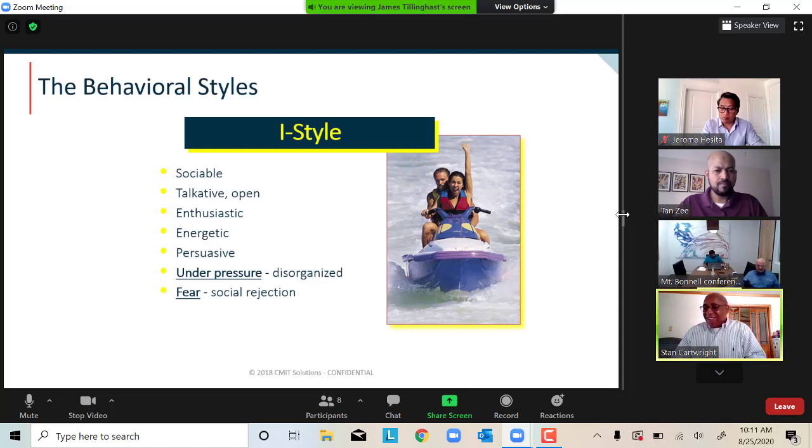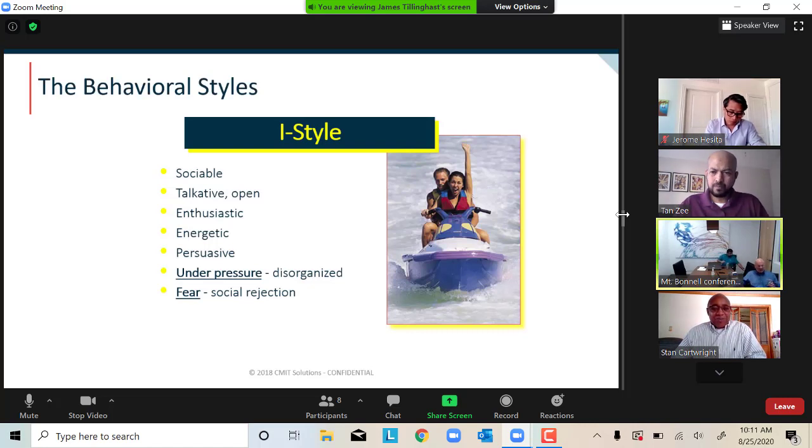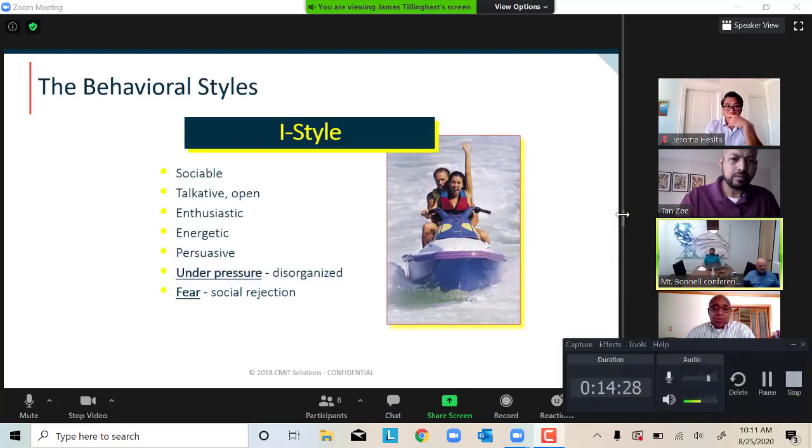Tell a joke and there's like a bunch of stone faces out there. So that's a perfect example of an I-style. Very, very seemingly strong personality. They're influential, they're persuasive, they're energetic, but underneath they can be very, very delicate in the sense that they have a fear of rejection, and they can get very disorganized if you see dissension in the ranks.